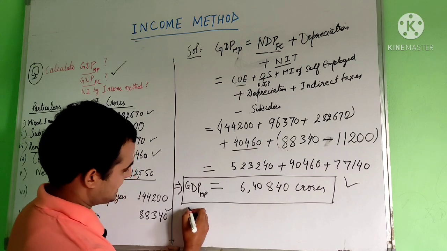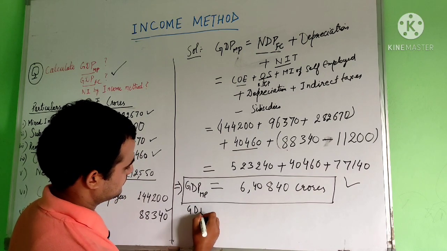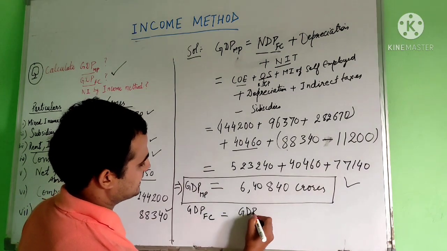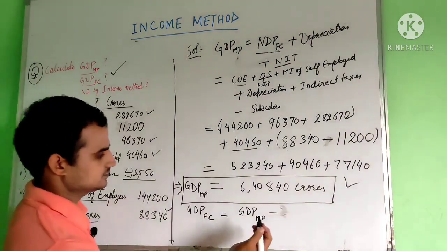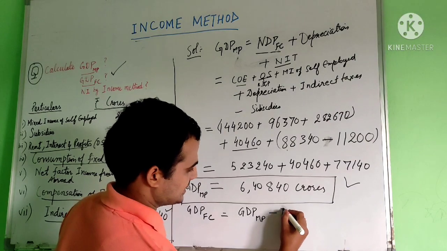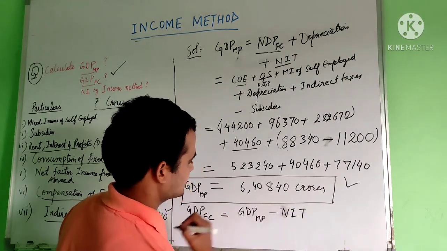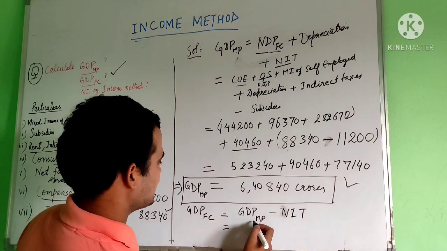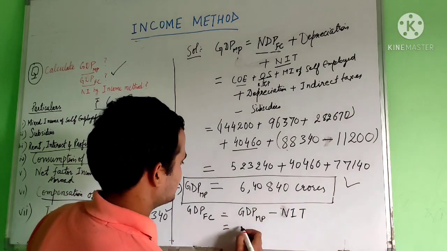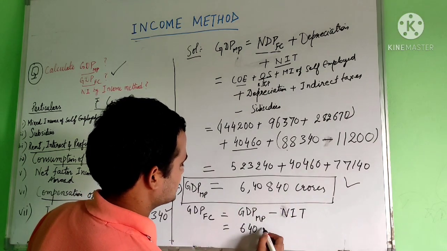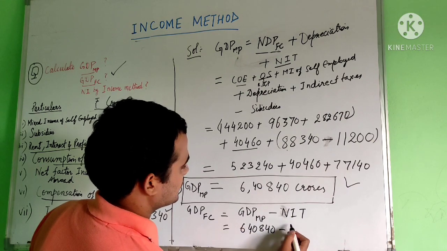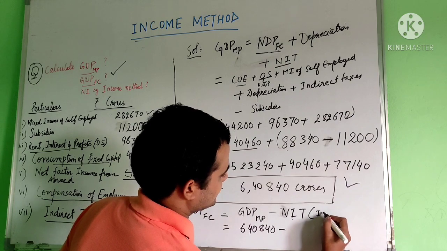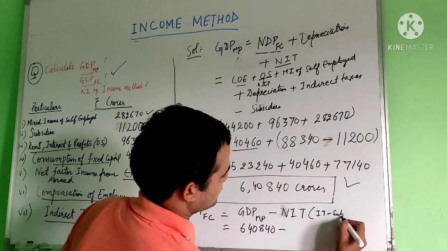GDP at factor cost is equal to GDP at market price minus net indirect taxes. Here GDP at market price you have already calculated, it is 6,40,840. Net indirect taxes means indirect taxes minus subsidies.